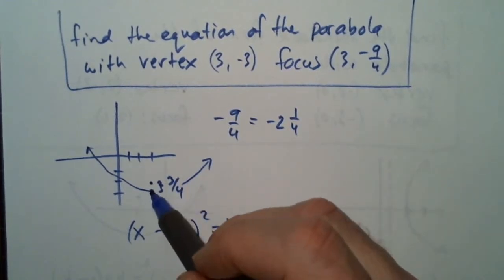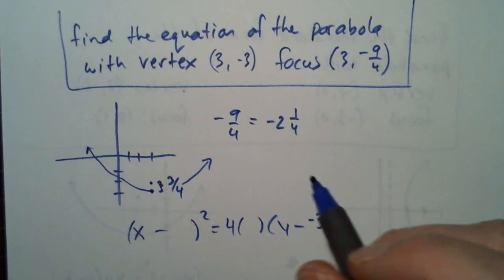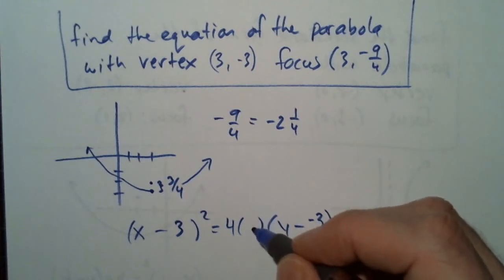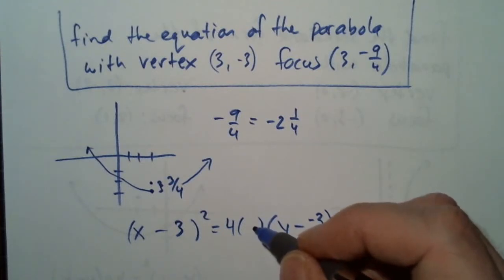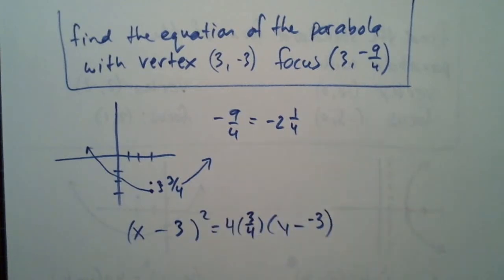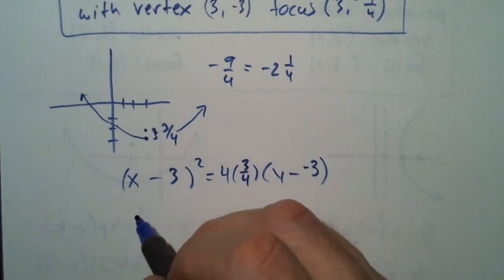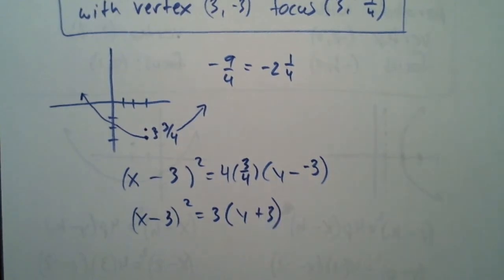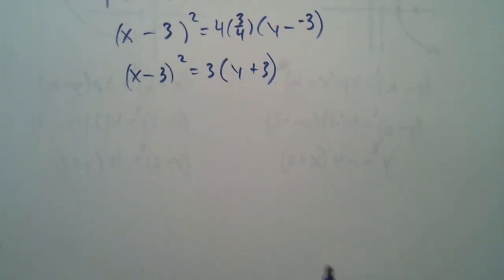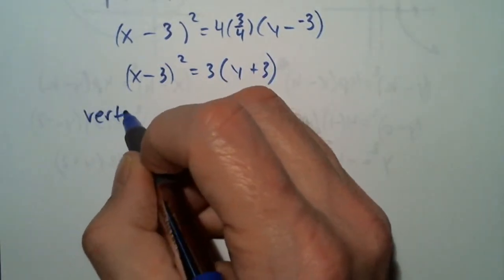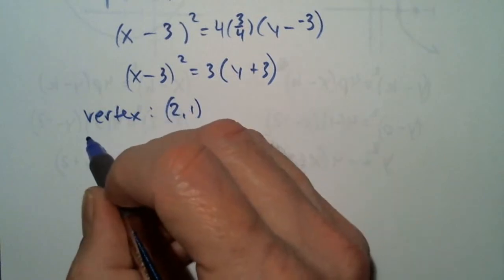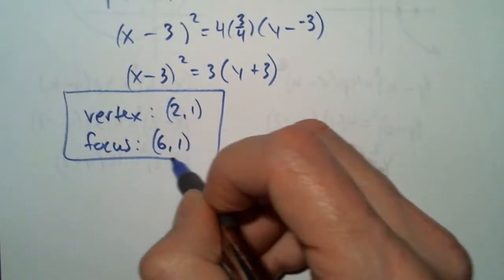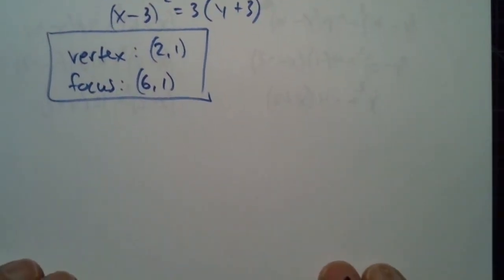And we know that the vertex moved down 3 and the vertex moved right 3 with a positive vertical distance and direction of 3/4. And same type of question, pause the video and try that one.